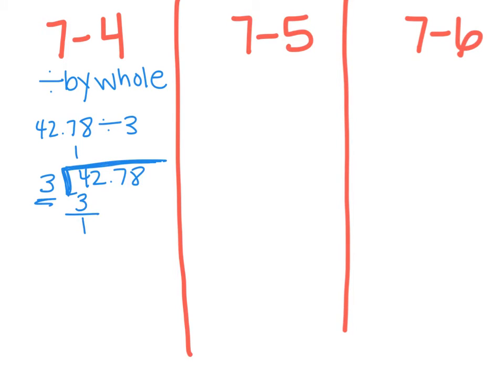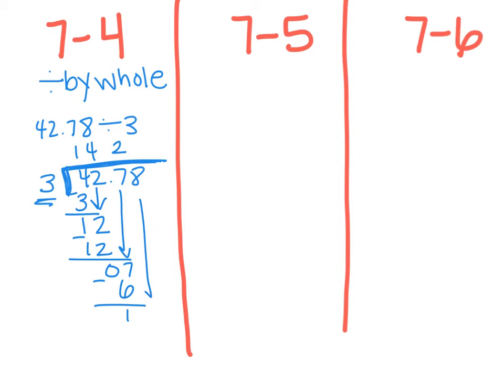With 1 left over, I'm going to bring down my 2. 3 goes into 12 exactly 4 times with nothing left over. I'll bring down my 7. 3 goes into 7 2 times, which is 6, so I have 1 left over. And 3 goes into 18 6 times. I bring my decimal point straight up from where it was down here, and my answer is 14.26.